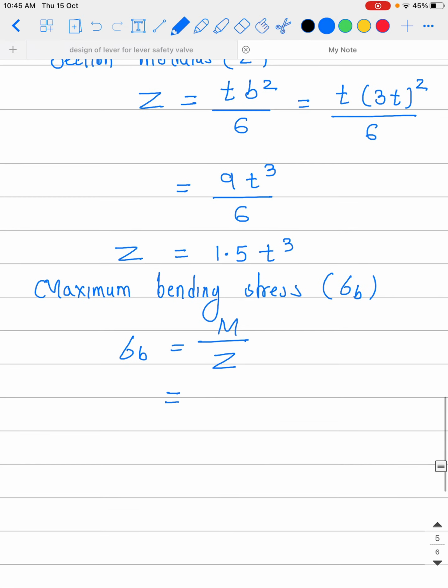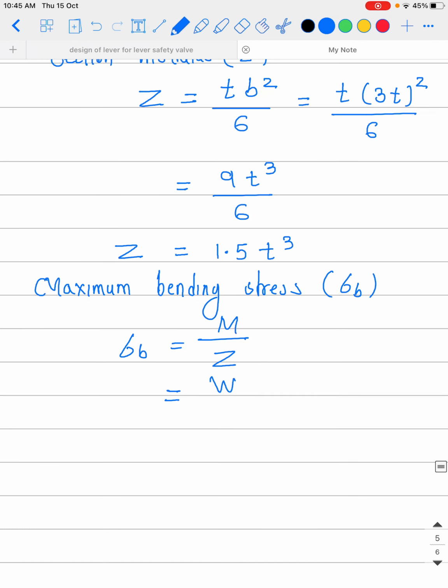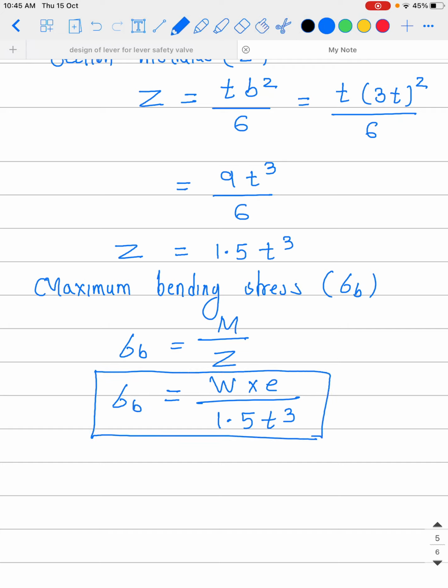So M is nothing but W into E divided by 1.5 T cube. This is sigma B. We will call this equation 2.